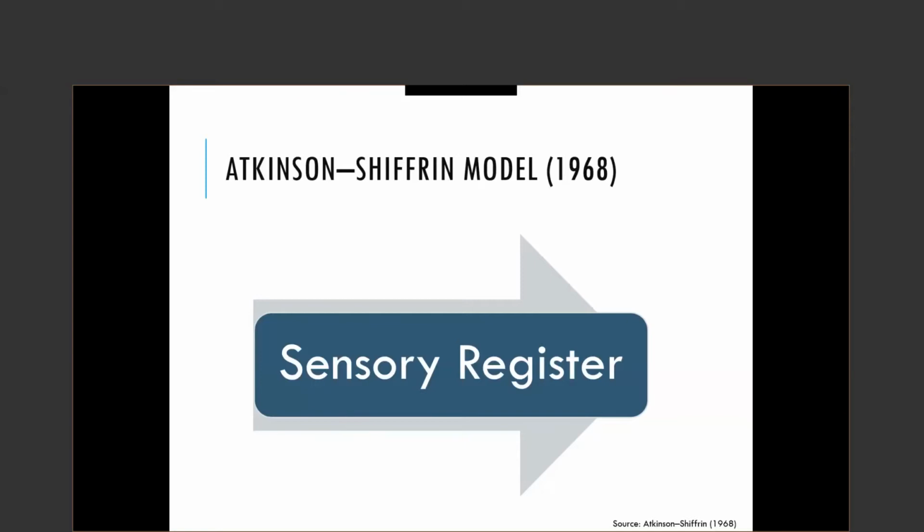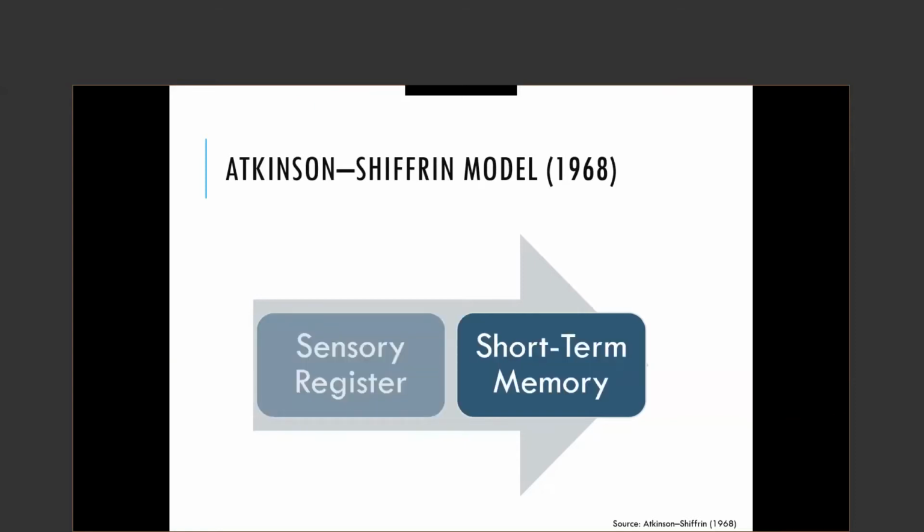Information is technically not stored in our senses; it is passed to the second mechanism, which is what we call the short-term memory. The short-term memory receives and holds information that comes from the sensory register. And it also holds information that comes from the long-term memory, which is the third mechanism.